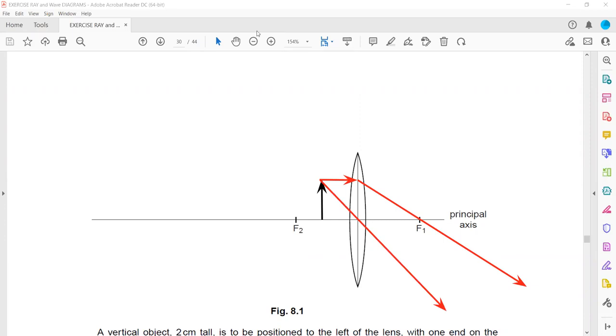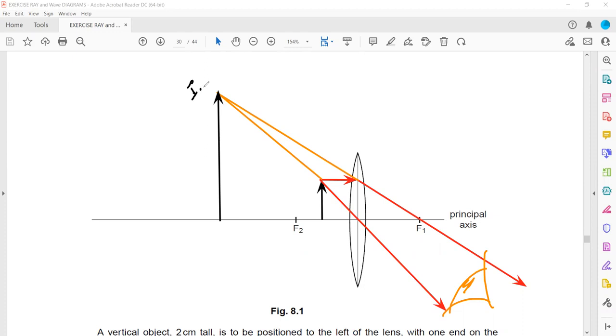If we look from this side, our brain senses light is coming straight from the object, so our brain relocates the position. As a result, this is the position of the image, and this will always be a virtual image.